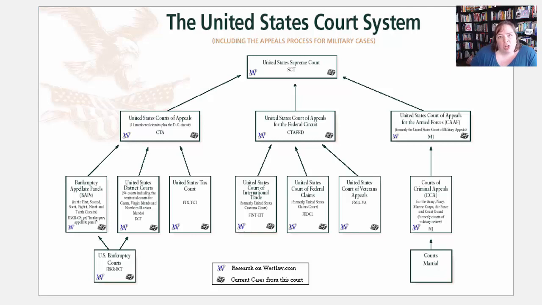Usually it'll be 7 or 9 justices, several more, that will hear your case. And then if you're still not happy, that's where you can petition the Supreme Court to hear your case. So most cases that come before the Supreme Court start off in the district court, go to the U.S. Court of Appeals, and then ask for review out of the Supreme Court.